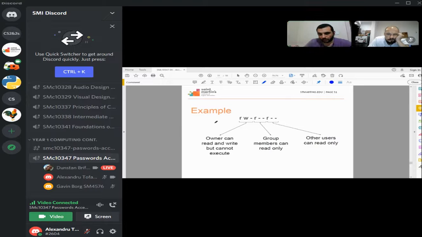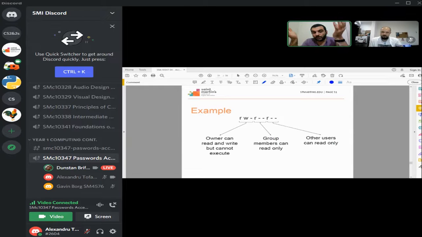If we look, just a final look at two small examples. First, we've got this. As you can see here, we've got read write dash, read dash dash, read dash dash. Looking at those bits, the first 3 bits on the left are the permissions for the owner of that resource, the owner of that file. In this case, the owner can read and write, but cannot execute.